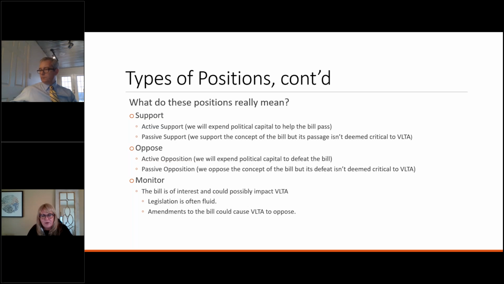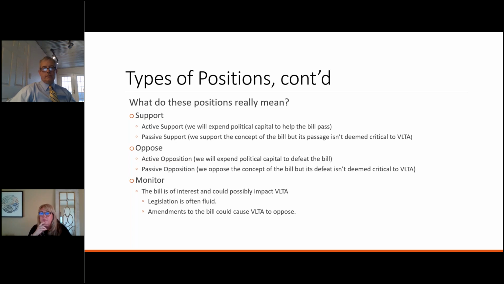Obviously, active support of a piece of legislation is where we're going to spend a large part of our time, definitely during the session, but also leading up to session once we find out that a piece of legislation that we want to actively support has been brought to our attention.